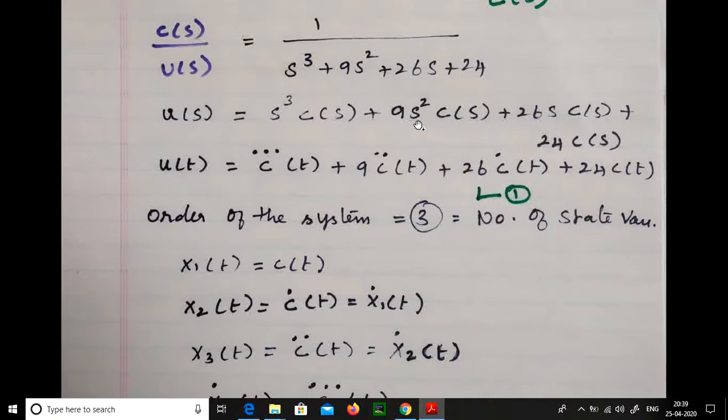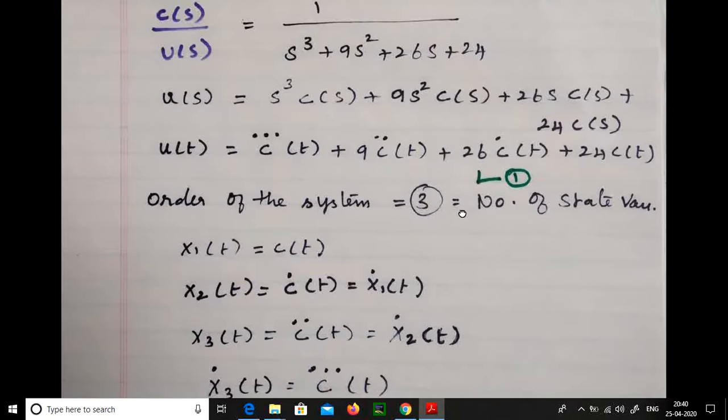The second term, 9s square C of s, can be written as 9 d square c of t by dt square, so 9 c double dot of t. The third term, 26s C of s, is 26 dc of t by dt, which can be represented as 26 c dot of t, plus 24 C of s, which can be represented as 24 c of t. Let me consider this as equation 1.